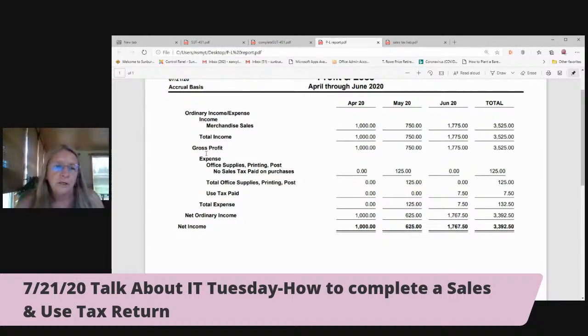But down here, the next thing after income would be cost of goods sold, which is how much it cost you to make that money for the quarter. And then you have your expenses.